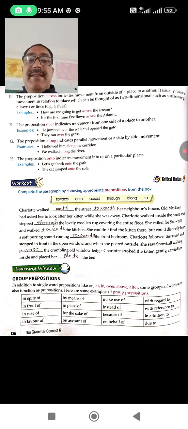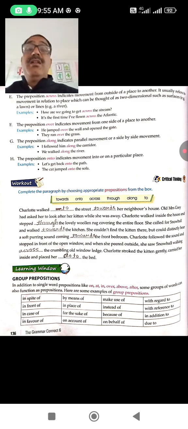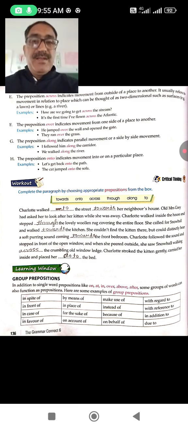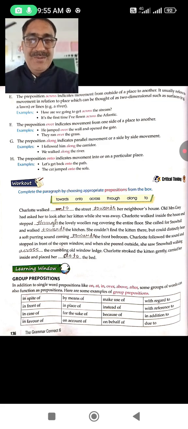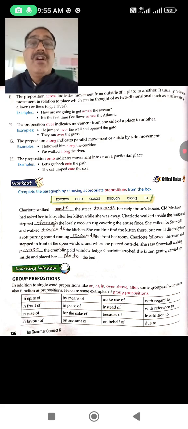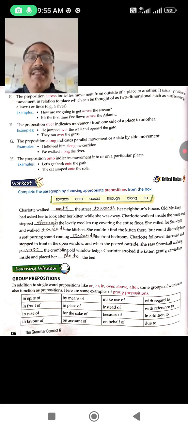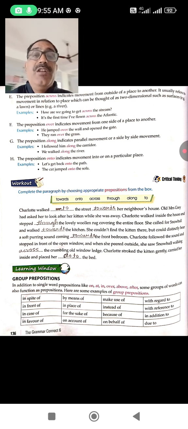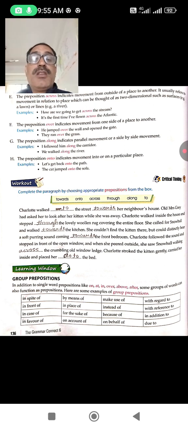Now you will see a paragraph and you have to fill in the gaps, and some prepositions are given in brackets. Read the paragraph and fill in the given spaces from the brackets. Charlotte walked to the street. Next gap, you will fill in towards her neighbor's house.